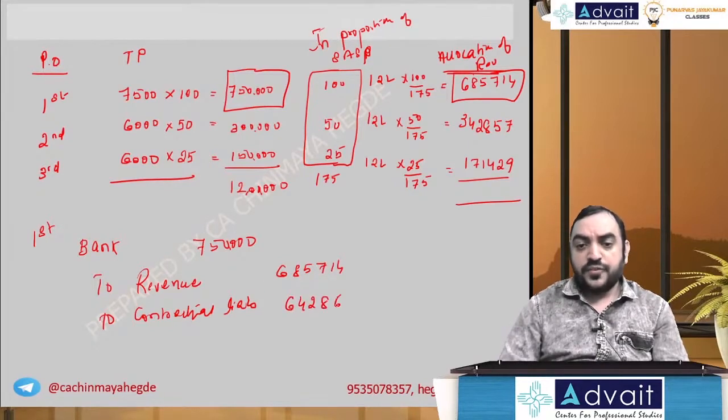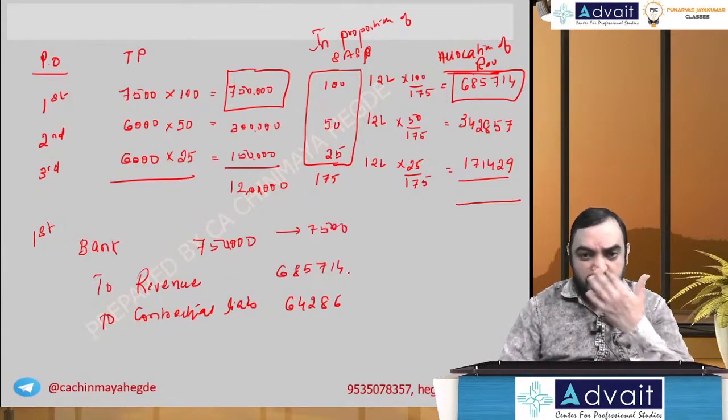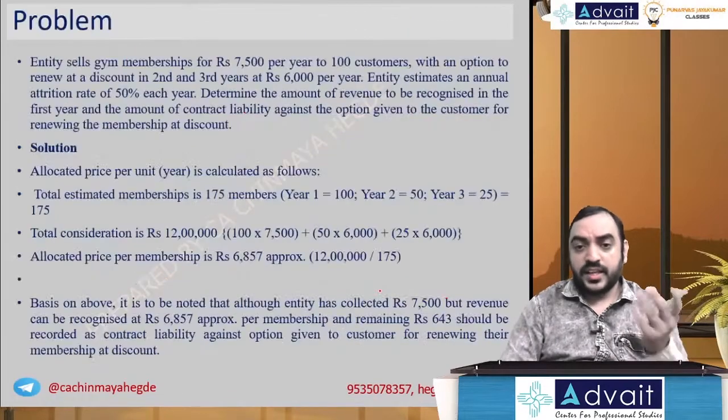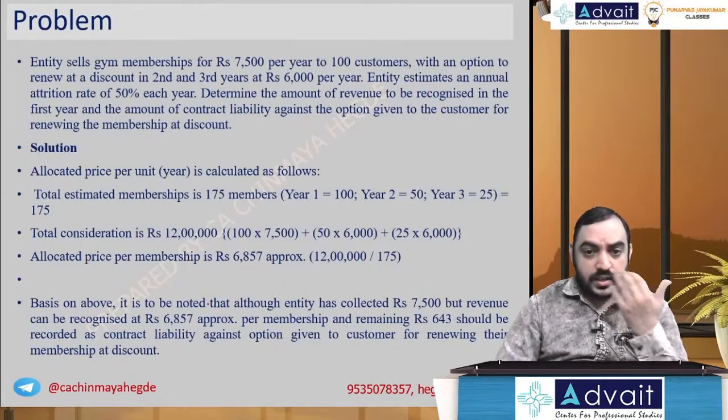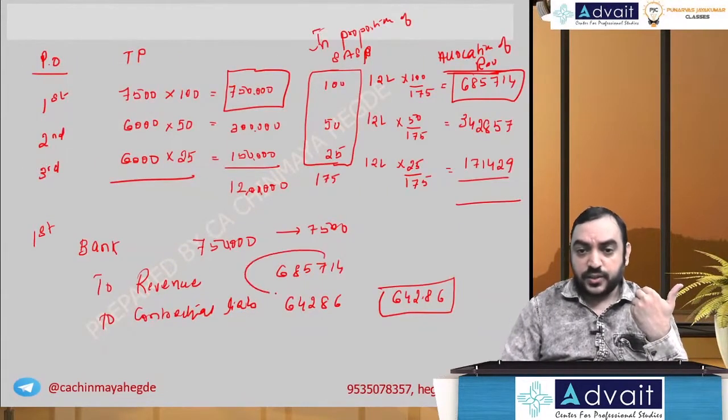64,286. From the customer point of view, this is 7,500 per customer, so you can divide by 100. And if you divide this by 100, it is going to be 642.86 per customer as the advance. Like what the Institute has told, collected 7,500, recognize 6,857 per customer.